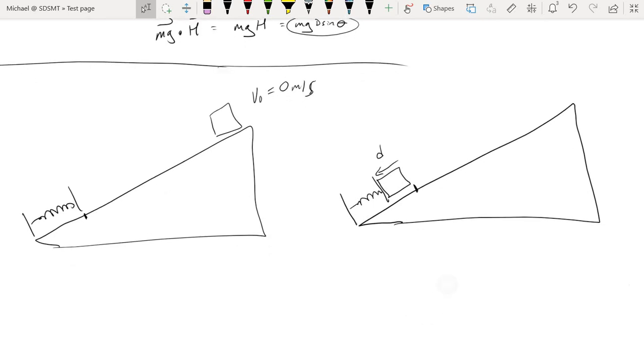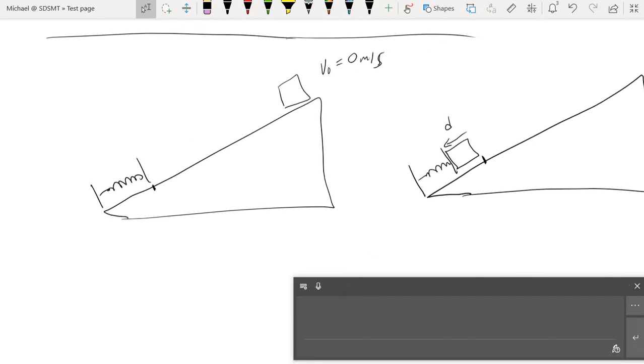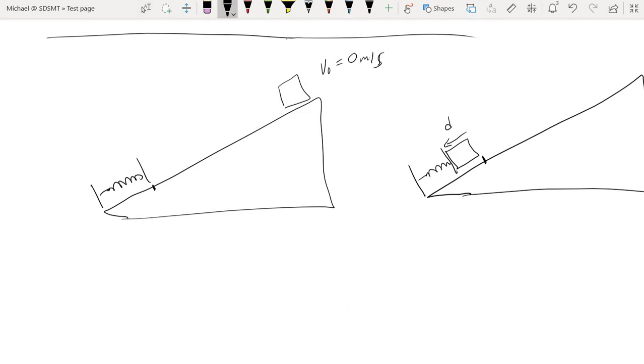Okay, let's put some numbers into our system here. We'll go back to another 10 kilograms. We will have the angle be 45 degrees. Typically I don't like using 45s, but we'll use it for this one.